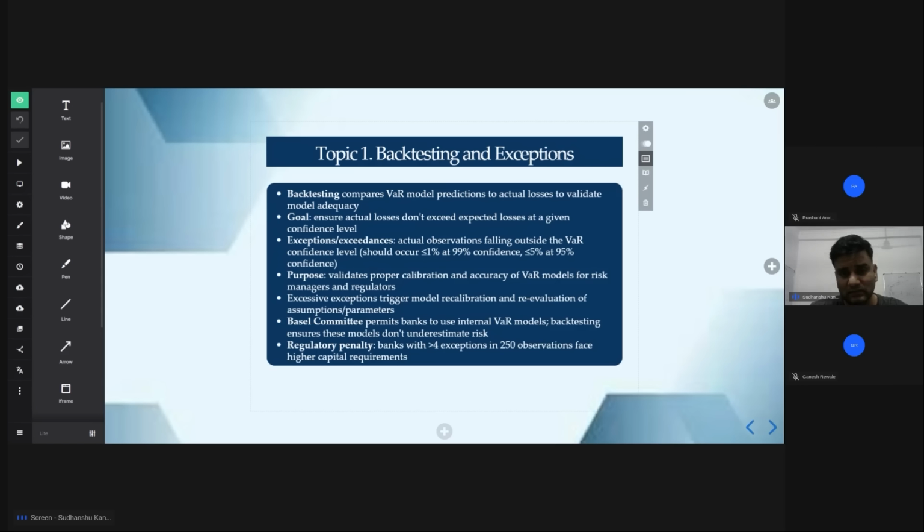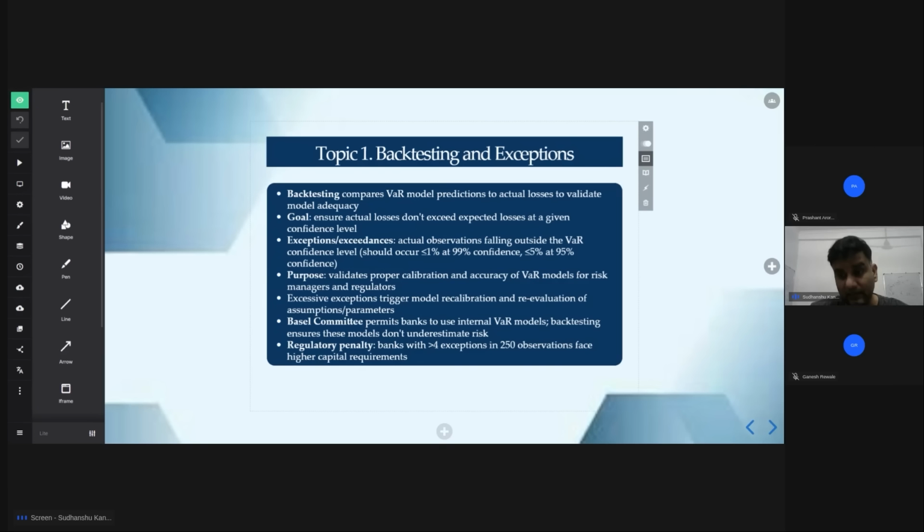What is backtesting? Backtesting means comparing your VaR model's predictions. Obviously you have a VaR model that will predict your losses. You will compare those VaR model predictions with your actual realized losses. Why are you doing this? The logic is that you want to check whether the model is accurate or not.